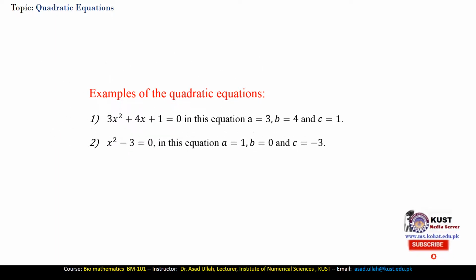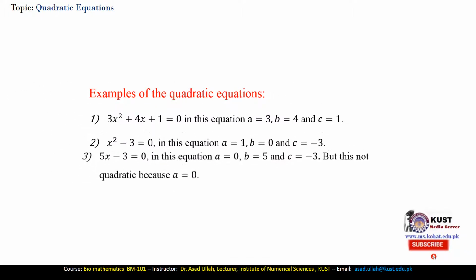In the second example, x square minus 3 is equal to 0 is again a quadratic equation. Comparing this equation to the general form, we get a is equal to 1, b is equal to 0 and c is equal to minus 3. The variable x is absent here, so that's why we write b is equal to 0.